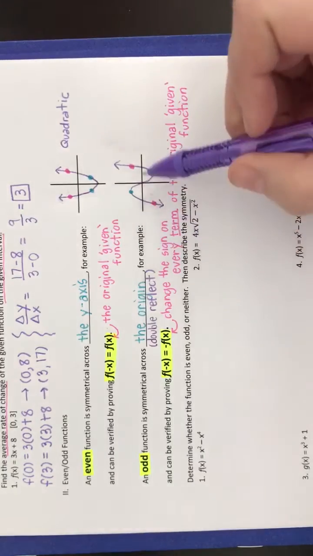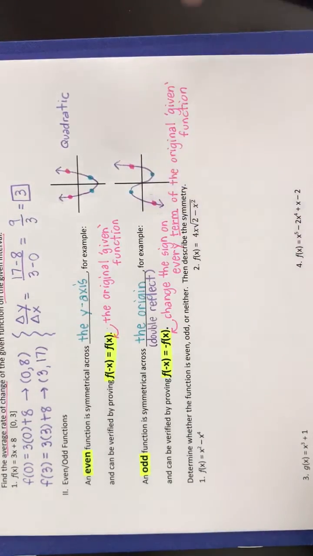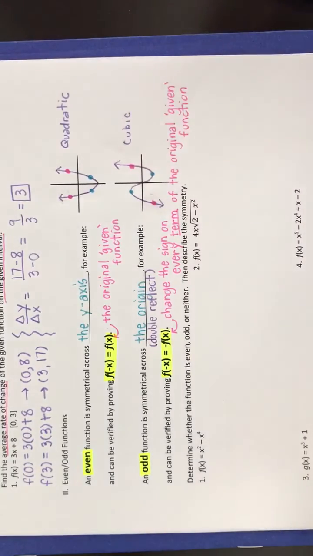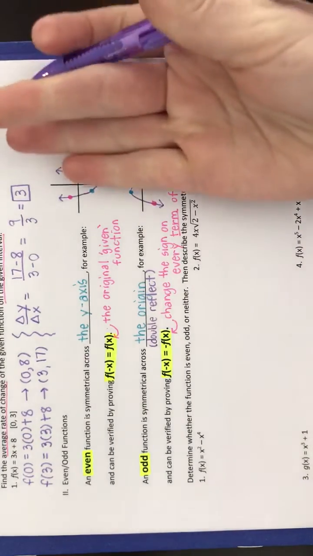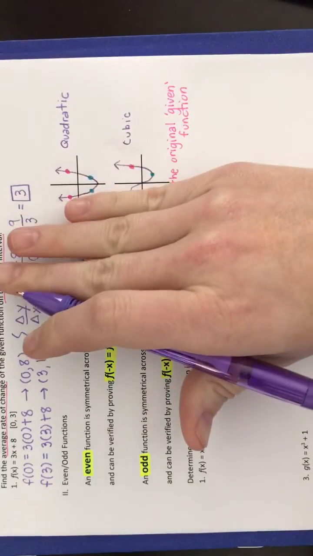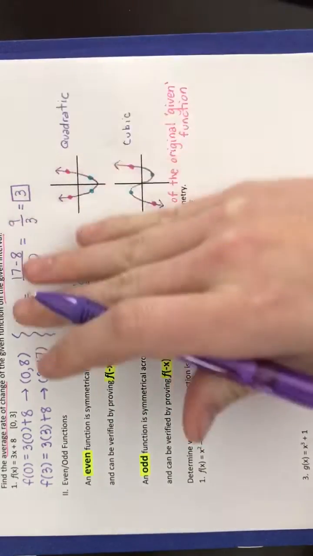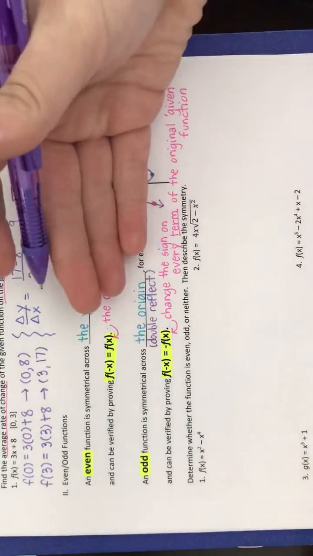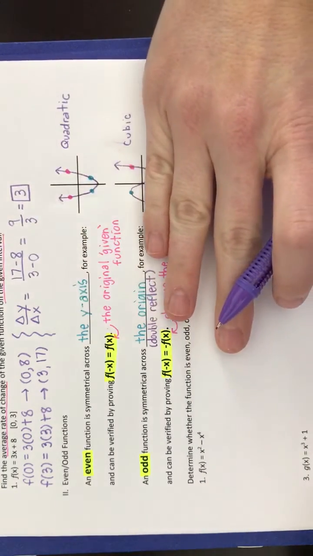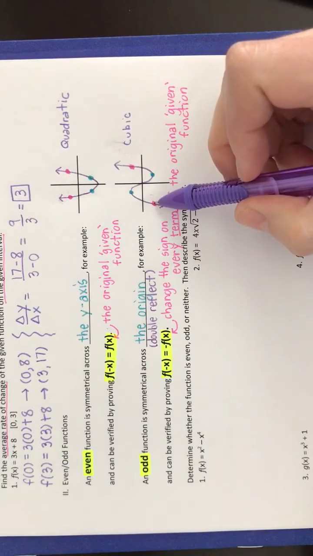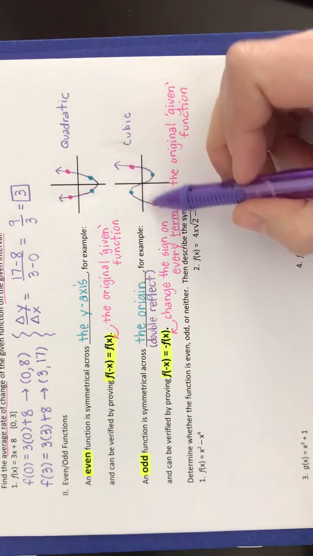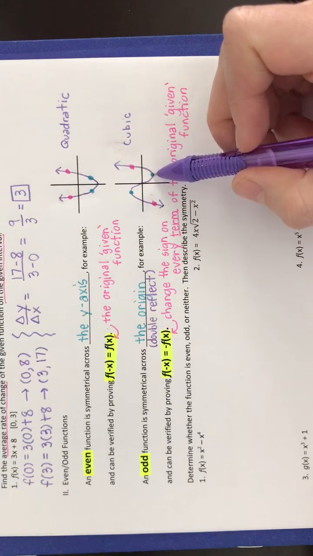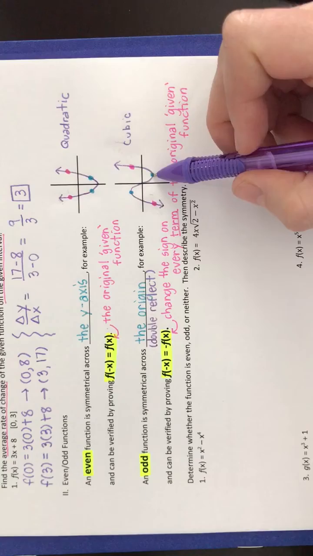Okay, so for example, graphically, I want you to see this. This is a cubic graph. Hopefully you can visualize, if you take this graph and first fold it over the y-axis, this pink point would end up somewhere here. And then if you fold it over the x-axis after that, the pink point would end up here. Likewise, this blue point, we can do it either x first or y first, doesn't matter.